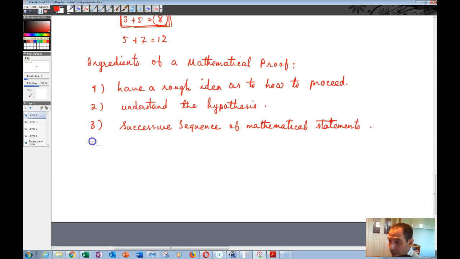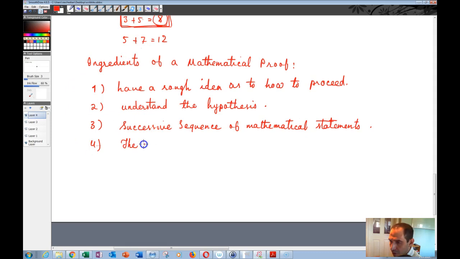So what you need to do is put all of the information that you have together in a logical manner, in such a way that the logical conclusion of all of those steps becomes what you actually wanted to prove. And that's basically what the proof is.